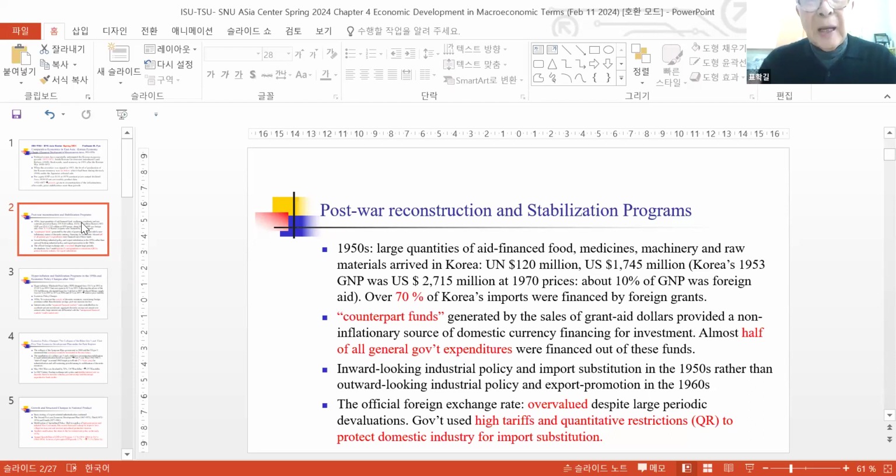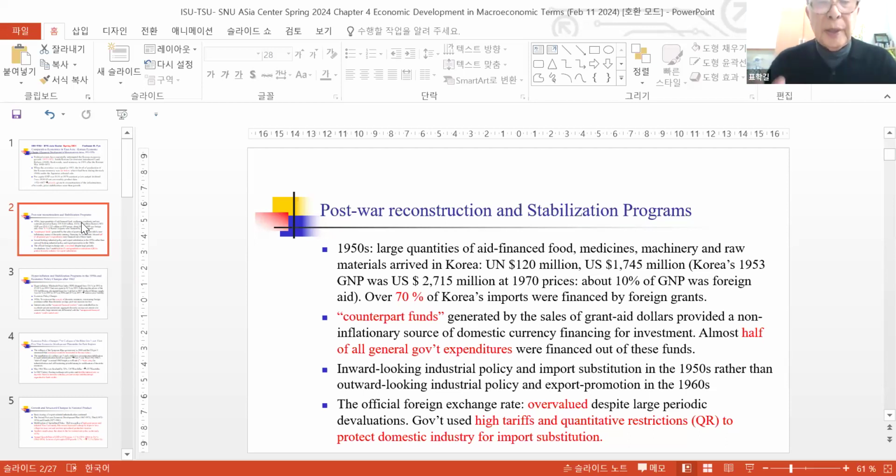And funds are created. Those funds we call counterpart funds. Why do they do that? By doing that, they can protect the economy from hyperinflation.